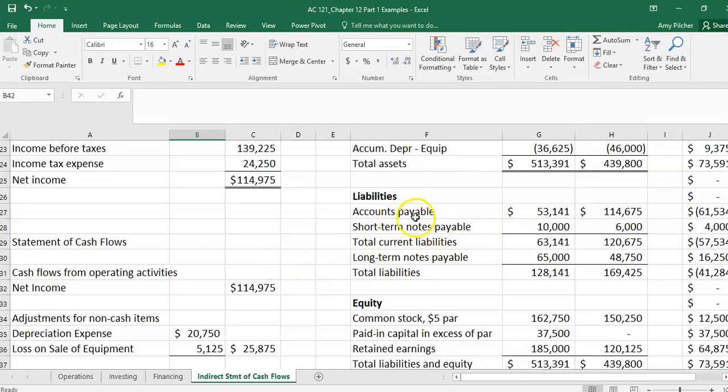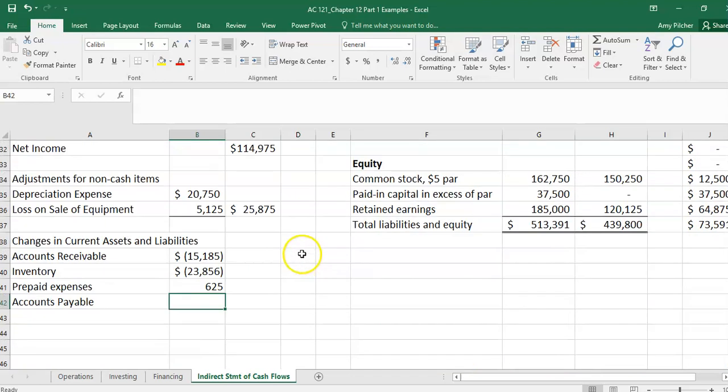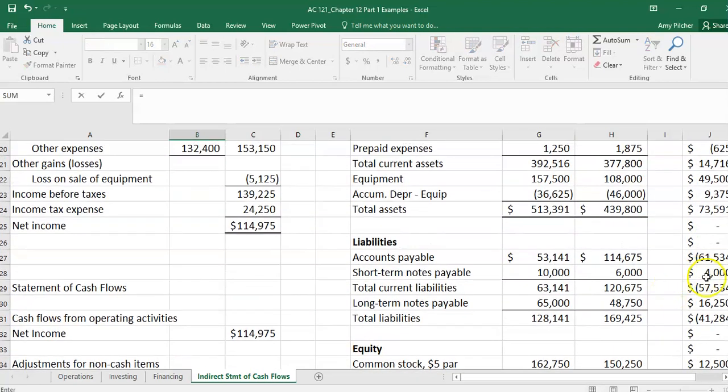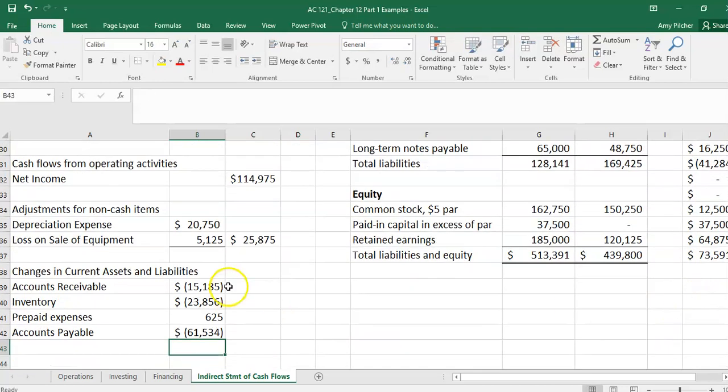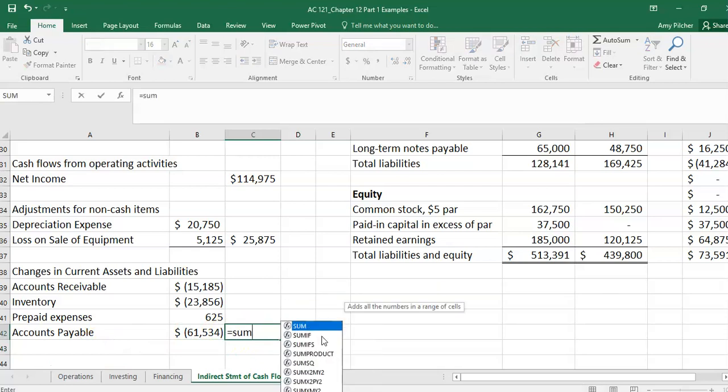So for current liabilities, if they decrease, we subtract that amount, and if they increase, we add that amount. This is a decrease, and we're going to subtract it. So we'll add all those changes together.